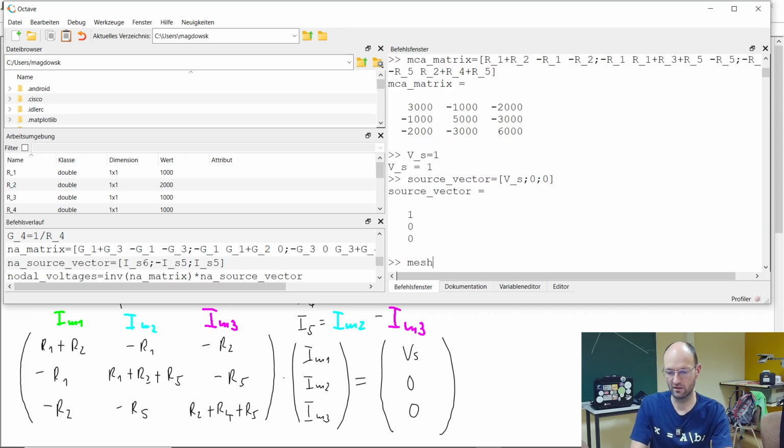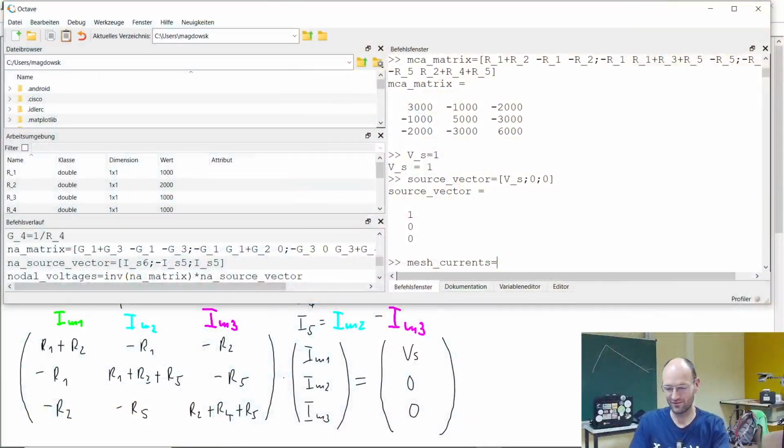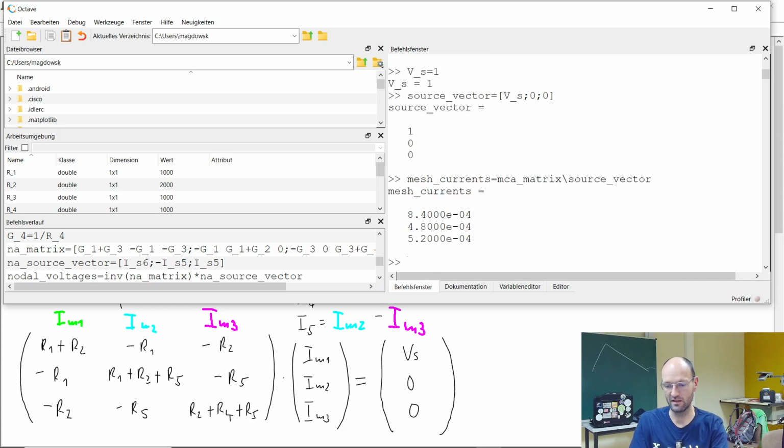And so now we can calculate our mesh currents by, if I shortly switch to full screen, to my t-shirt, using the very same equation on my t-shirt. Let's switch back to the screen share. So we need the mesh current analysis matrix, and then this left division with the source vector. And so now we get the mesh currents.